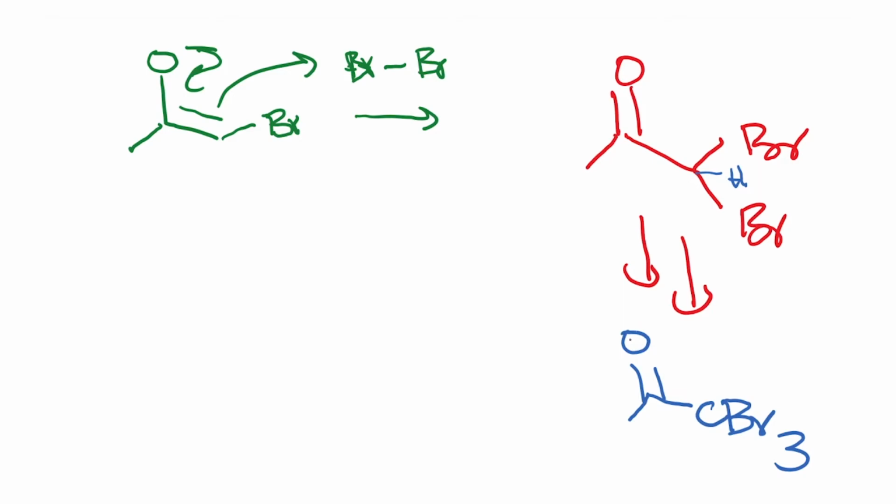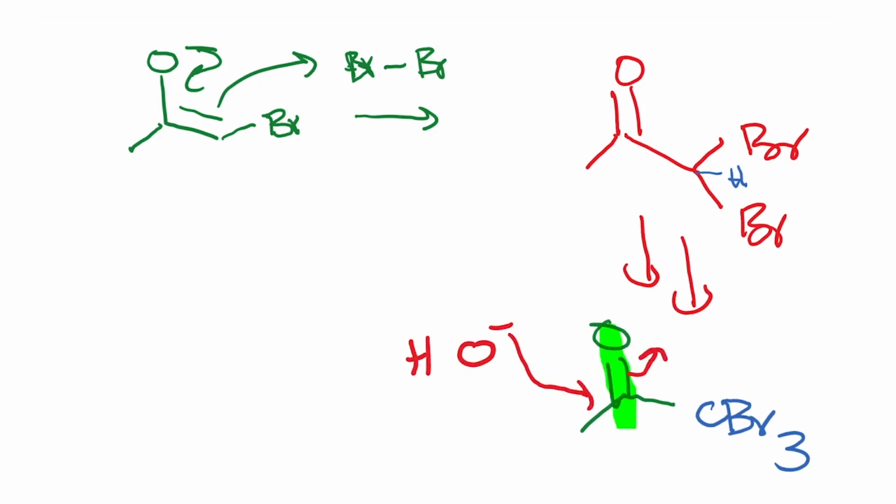Okay, so this carbonyl is quite reactive, and so the reaction of this carbonyl might be quite facile, and so hydroxide ion can actually attack over here and produce this intermediate that we are all quite familiar with, which is the tetrahedral intermediate.